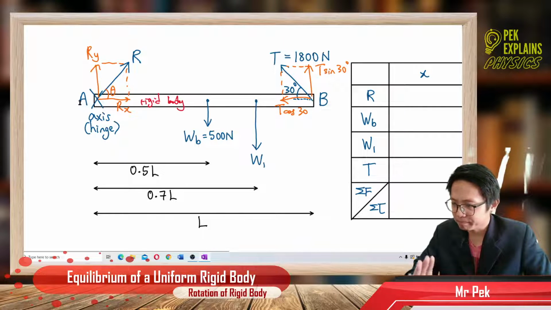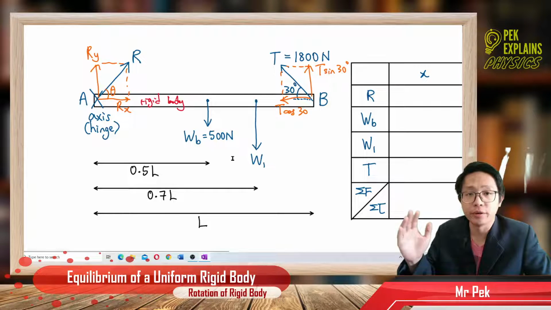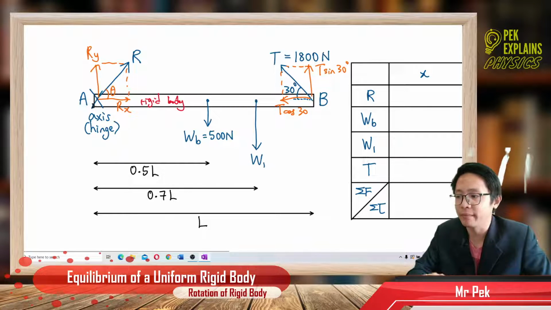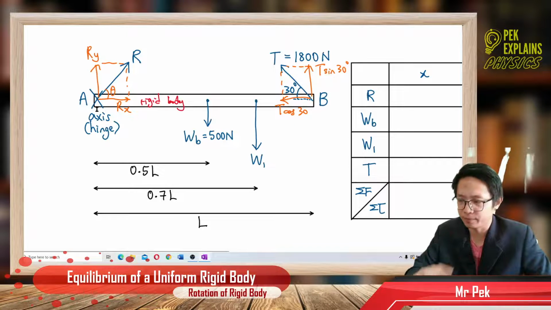Hinge means the whole rod can move up or down except at the hinge. This hinge is already pivoted, fixed, cannot move. All the other spots can move, but the hinge cannot move.